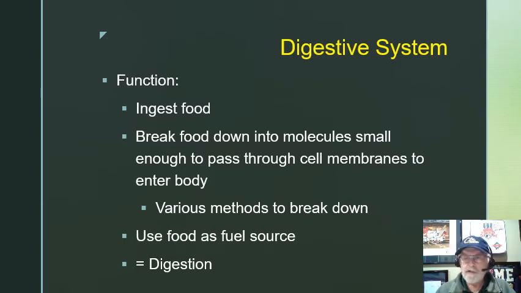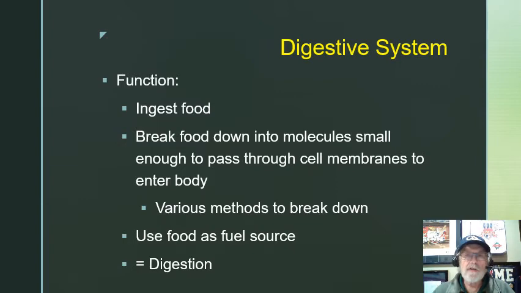But the whole process, which we'll talk about over the next couple of videos, is to bring this food in, take a large mass and break it down to its bare minimum parts, small enough to get through the wall of the intestine, where little blood vessels, little capillaries, take the nutrients and distribute them around.